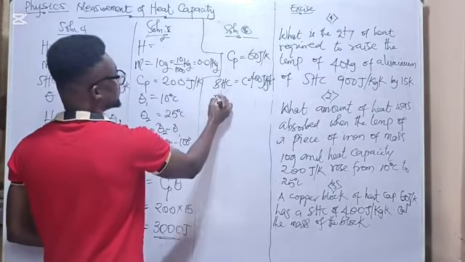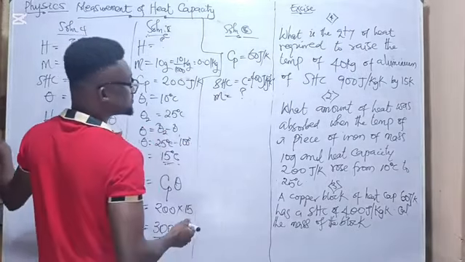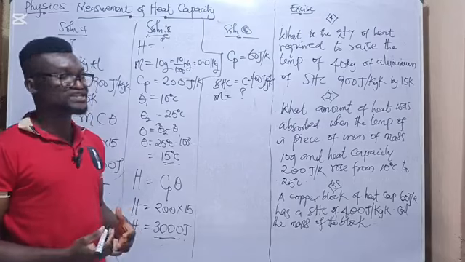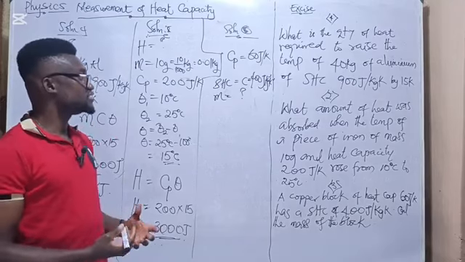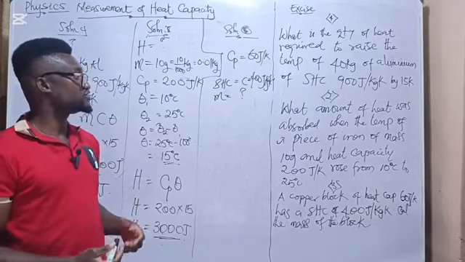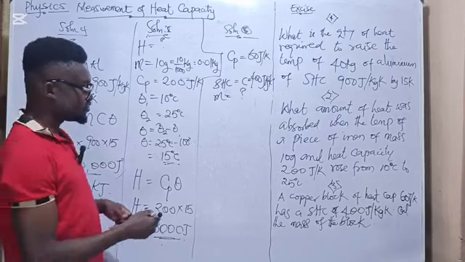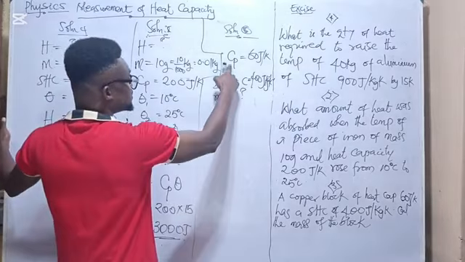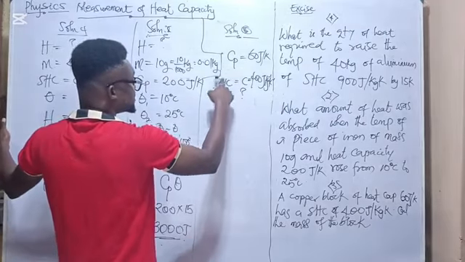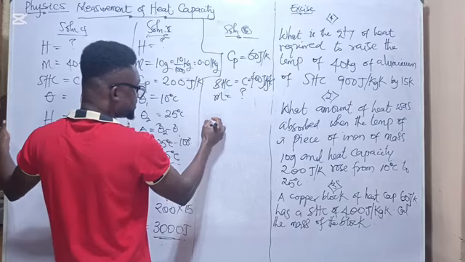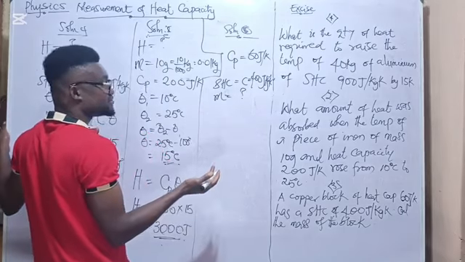Calculate the mass of the block. So looking at this, we have the heat capacity, we have the specific heat capacity. You need to get the relationship between both. From the formula, we have the relationship between specific heat capacity and the heat capacity.